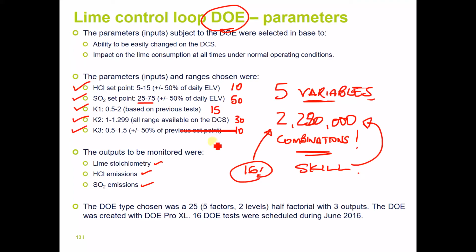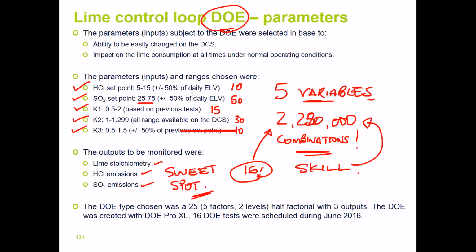So we are looking for a sweet spot in those three outputs. Imagine trying to do this as a skilled engineer. This is impossible to do off the top of your head. And yet this is how engineers think they can do it. It's not possible. Use an experiment, let the maths do the work, and the maths will find the best settings for you.